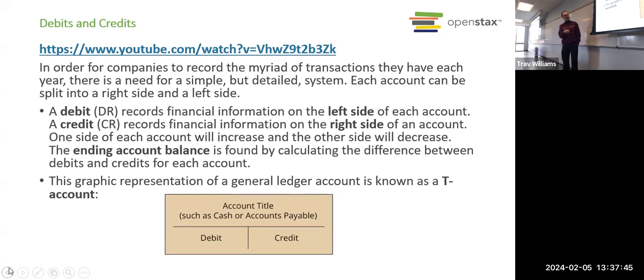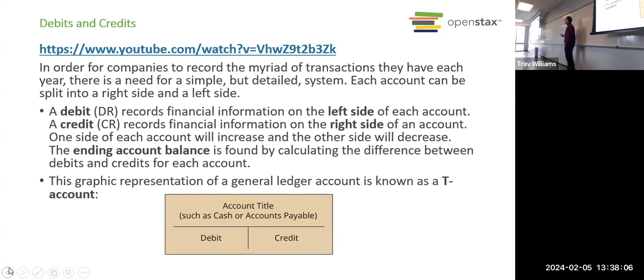So if we go to our cash account in the ledger, and again, we had made a sale, so we got some cash. Well, that means cash has gone up. Did I talk about the DEAL acronym last week? I think I did, right? Okay.